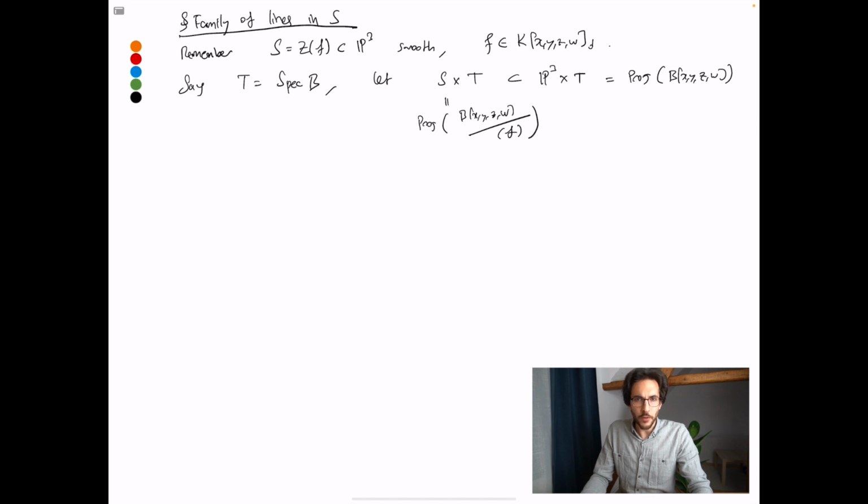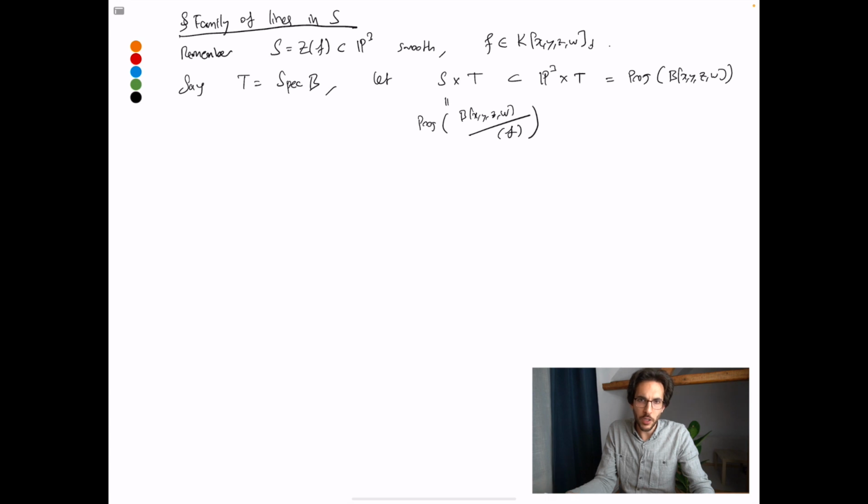When you take the proj of this, the only thing that I will care about is that morphisms to P3 will factor through S times T precisely when the pullback of f is 0. So this would agree with our general concept that something is inside S if f vanishes on it.